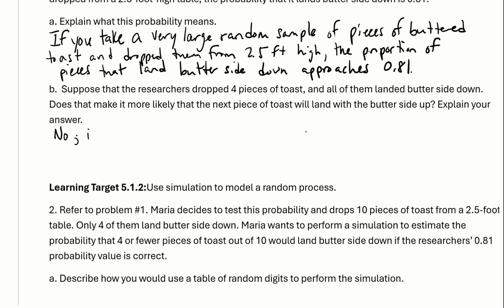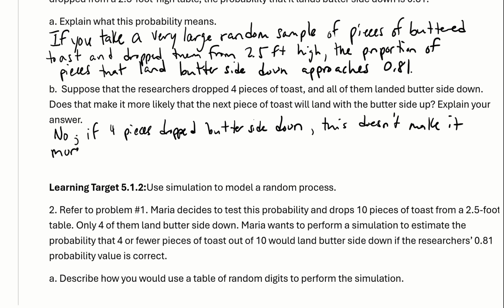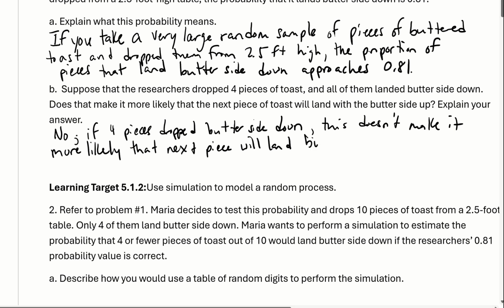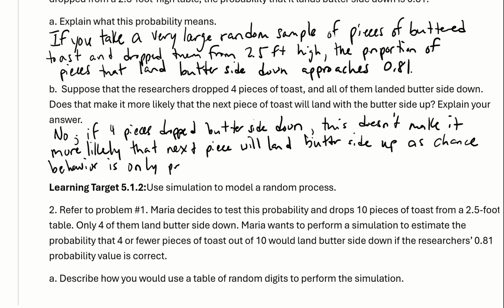All right, so no. If 4 pieces dropped butter side down, this doesn't make it more likely that the next piece will land butter side up, as chance behavior is only predictable in the long run, after a long series of trials.